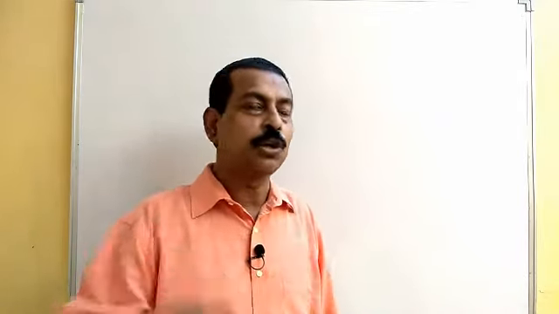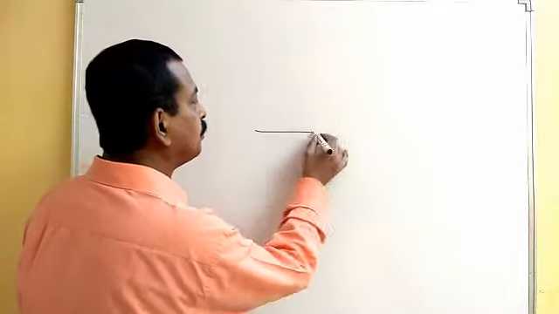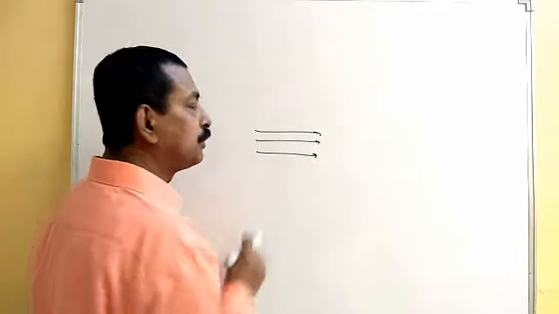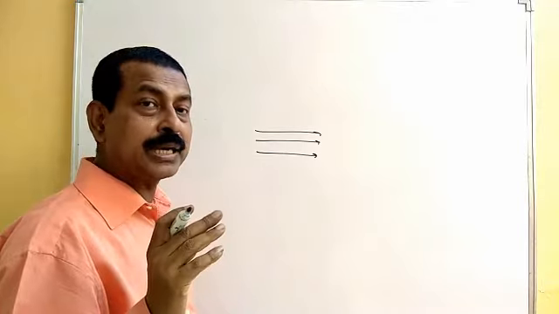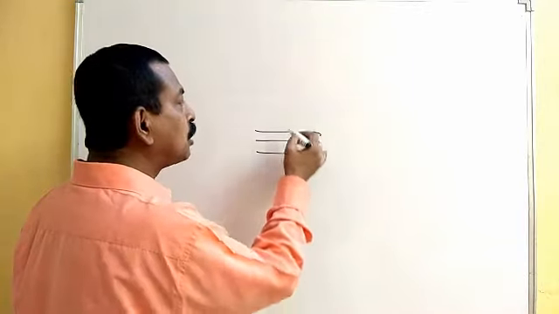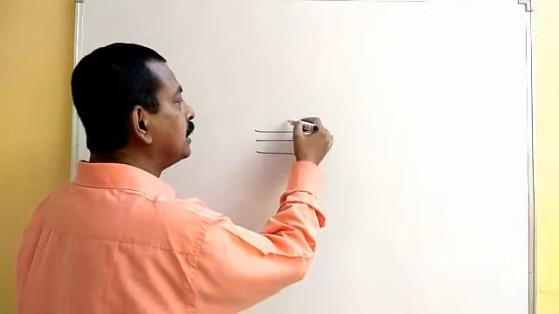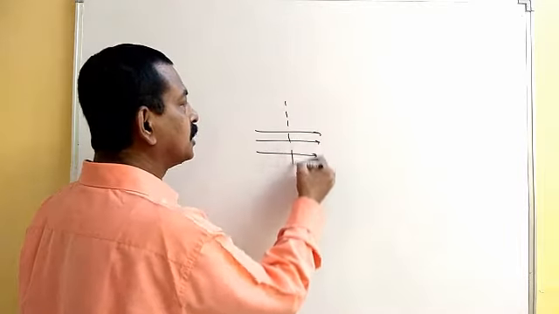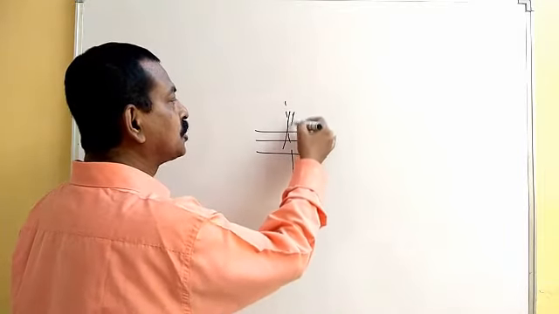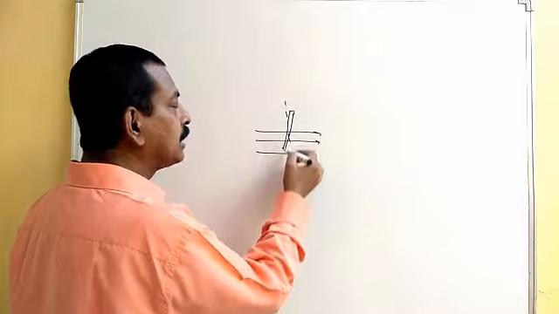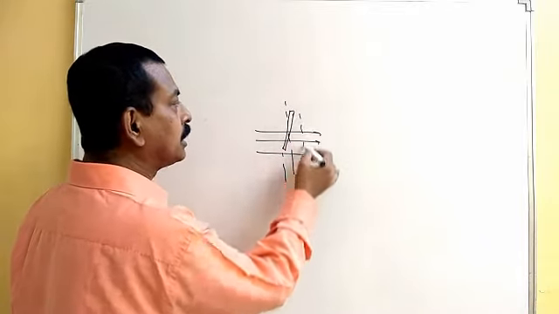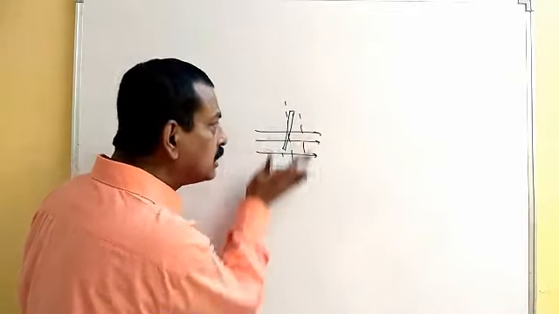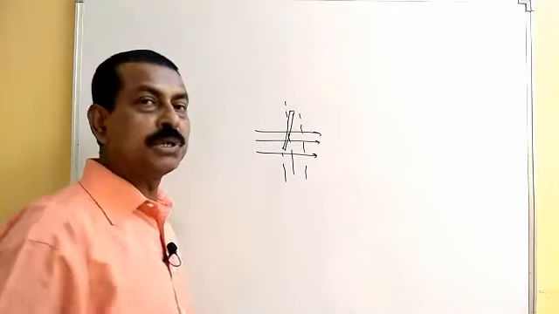You have, in the north to south direction, the Earth's magnetic field, that is the horizontal component of the Earth's magnetic field. So if the rod is falling horizontally in the east-west direction, it will be cutting this horizontal component of the Earth's magnetic field.